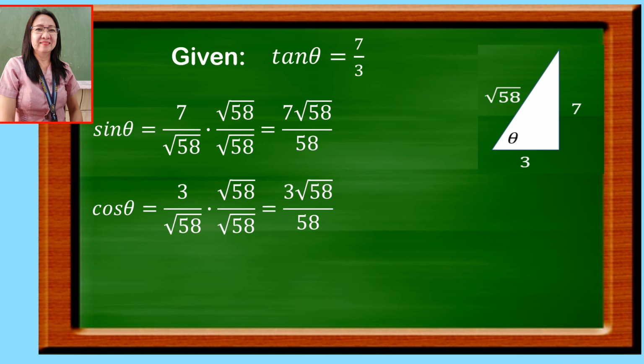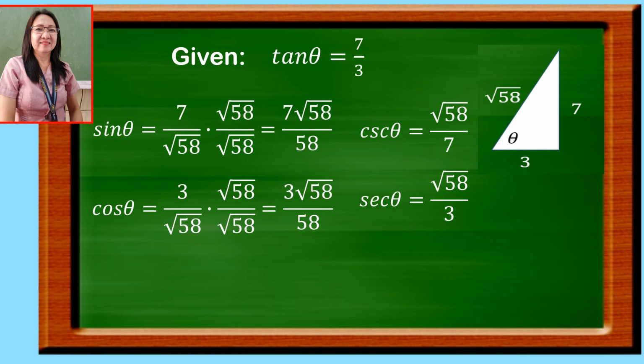For the reciprocal of sine, we have the cosecant. So the cosecant theta is the square root of 58, which is the hypotenuse, over the opposite, which is 7. So this is already in simplest form. Otherwise, the reciprocal of cosine theta is secant. So secant theta is equal to the hypotenuse, the square root of 58, over the adjacent, which is 3.